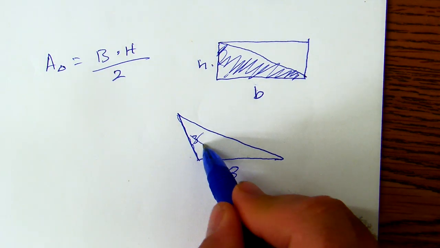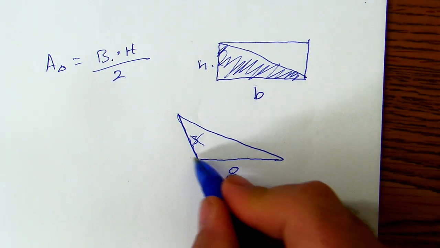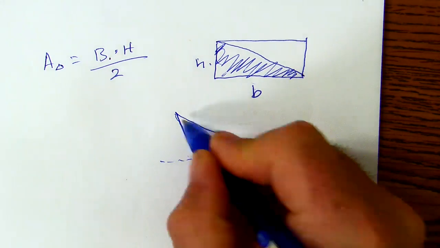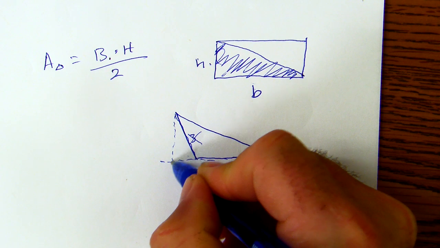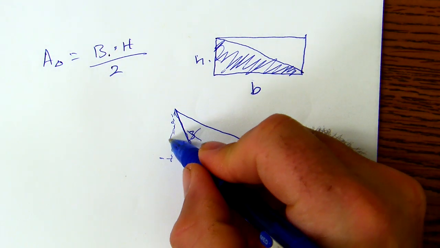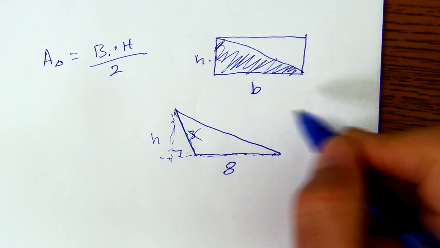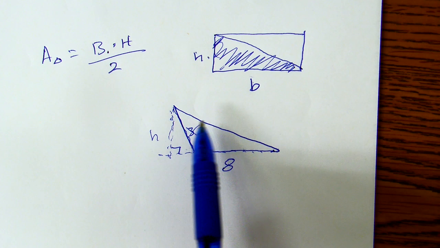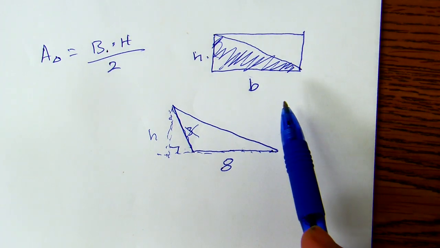But this measurement doesn't really matter if you're trying to use this. The height of the triangle is always measured at a perpendicular. So you would actually have to find that height, base times height divided by 2. So, occasionally you'll see that problem.